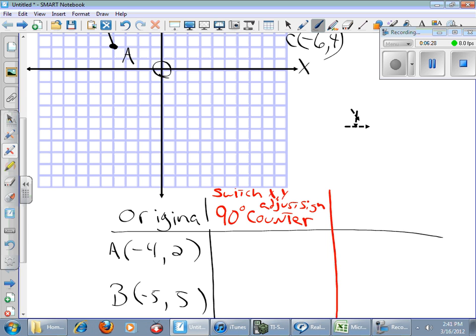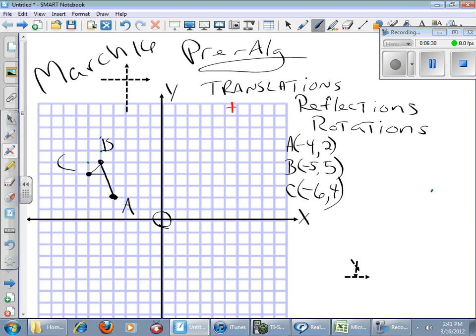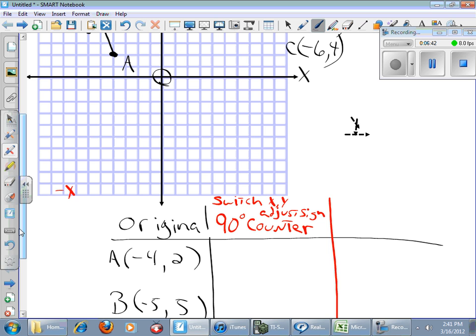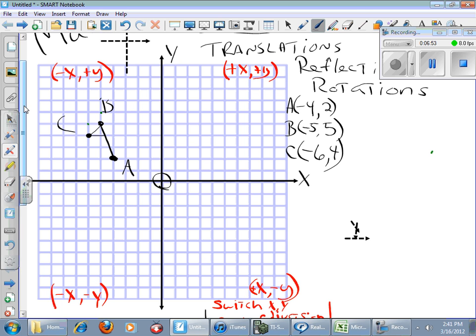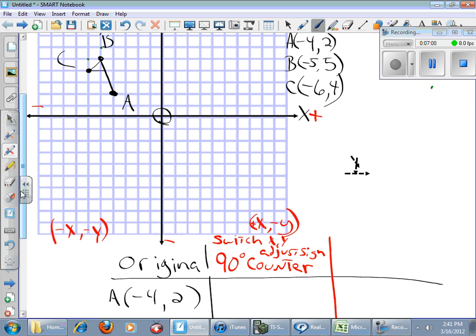In the first quadrant, I get a positive X and a positive Y. In the second quadrant, a negative X and a positive Y. In the third quadrant, a negative X and a negative Y. And in this quadrant, a positive X and a negative Y. Remember, right is positive, up is positive, left is negative, and down is negative, always.